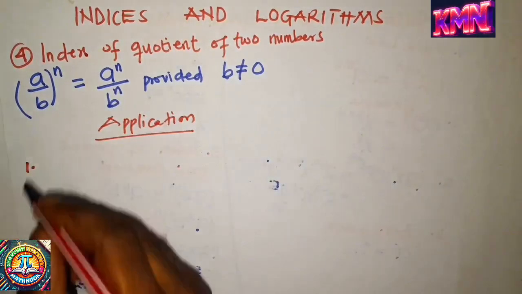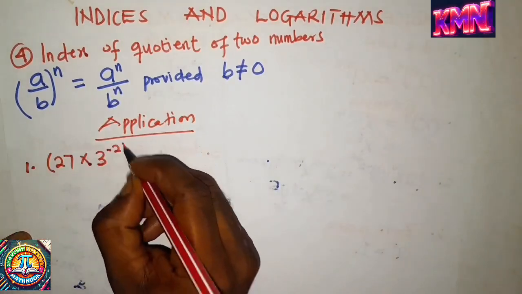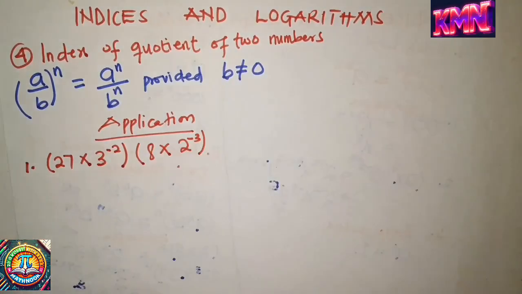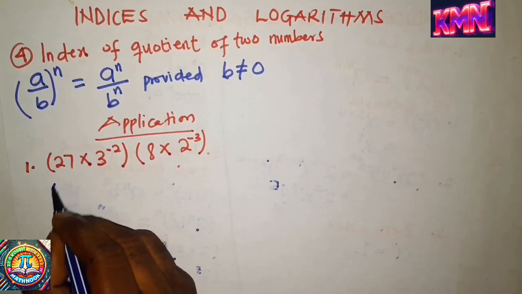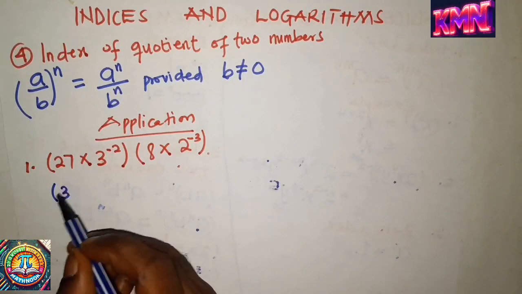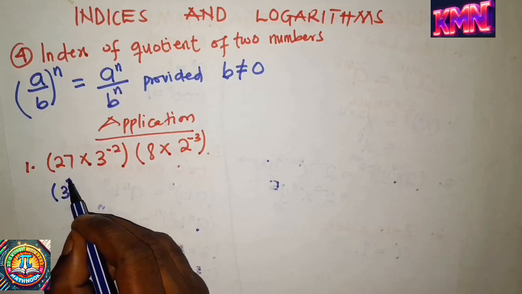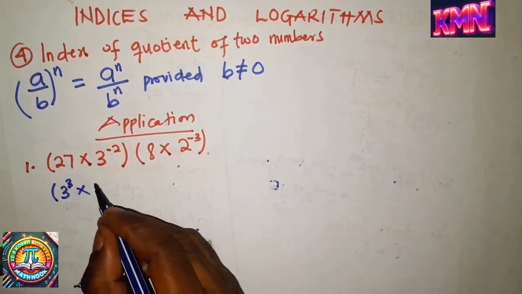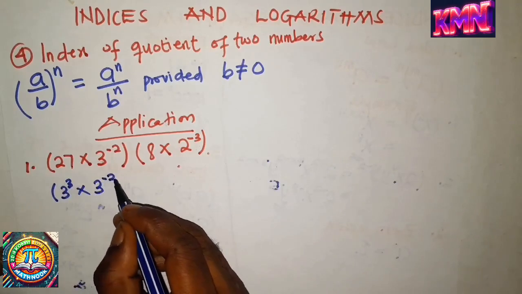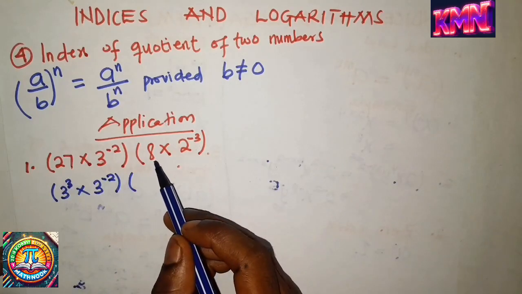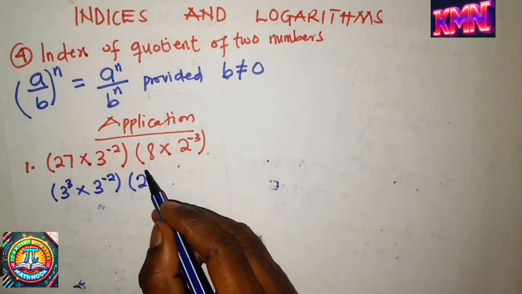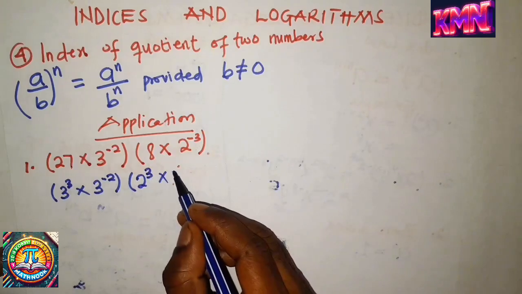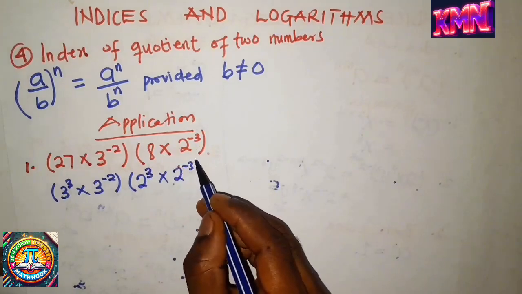Example 1. In solving this, first you need to change the 27 to index form, and with that we get 3 multiplying itself 3 times, that is 3 power 3 times 3 power 2. Again, you can also change the 8 to a base of 2, and you get 2 exponent 3 multiplying 2 exponent negative 3.